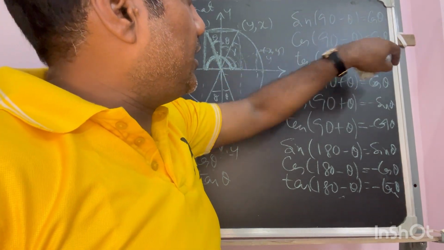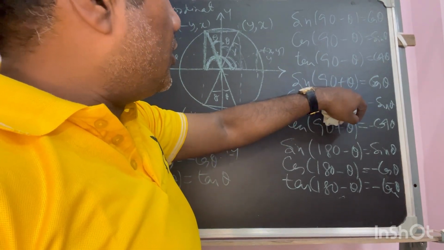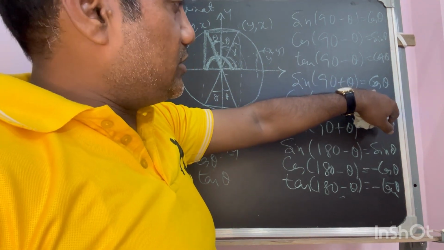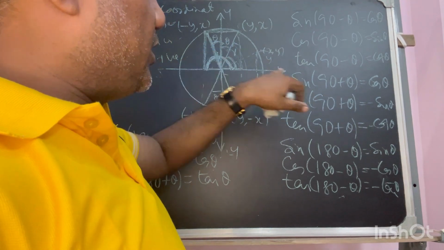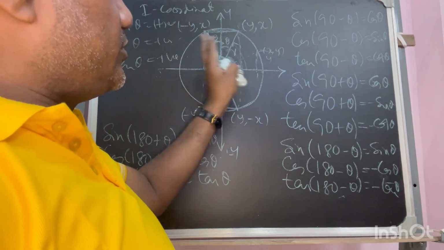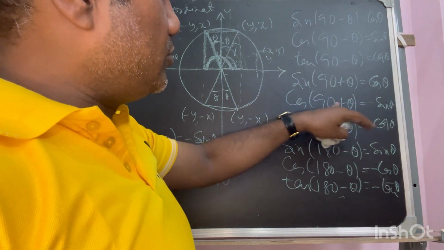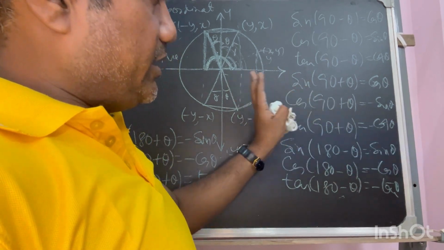Cos to sin, tan to cot. For 90 plus theta, in the second coordinate only sin is positive, so sin will turn into cos but with a positive sign. Cos will be sin but with a negative sign. Tan will be cot with a negative sign.